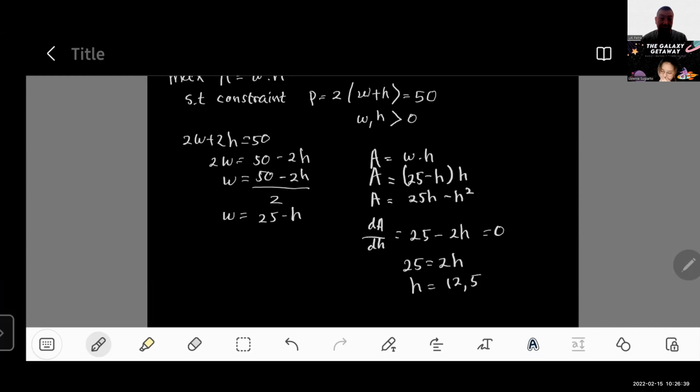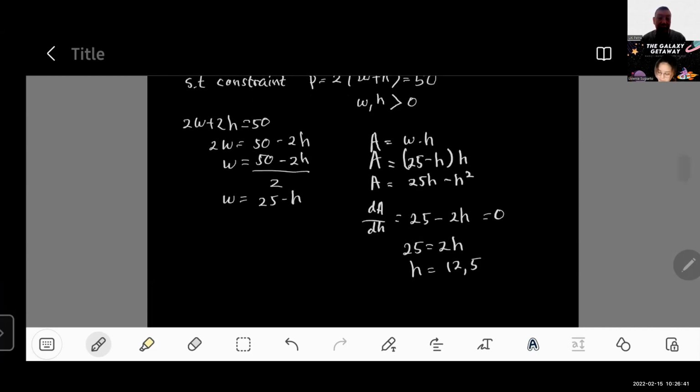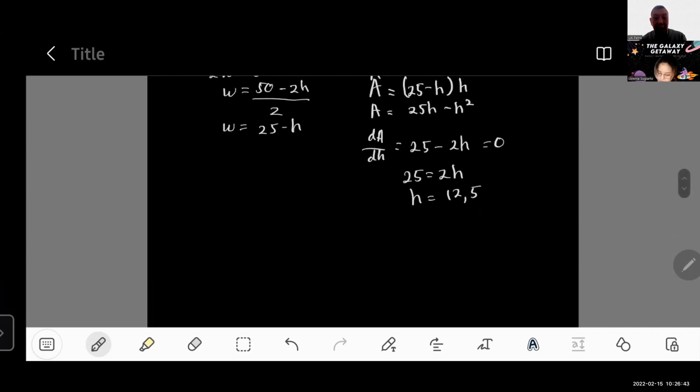Very good. So in that case, now you can get W, we can go back to here, right? So we get 25 minus 12.5, which is 12.5.